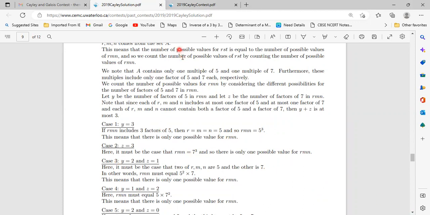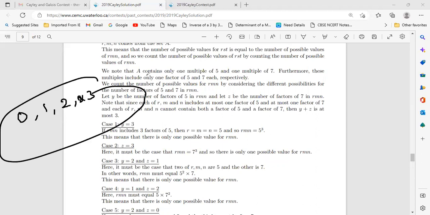And then if y is 2 and z is 1. Here the thing is you would be calculating rmn includes at most one factor of 5 and at most one factor of 7 of each. Each of r, m, n cannot contain both the factor of 5 and 7, which means at most is 3. So at most is 3 means you are allowed to choose 0, 1, 2, and 3, not beyond 3.